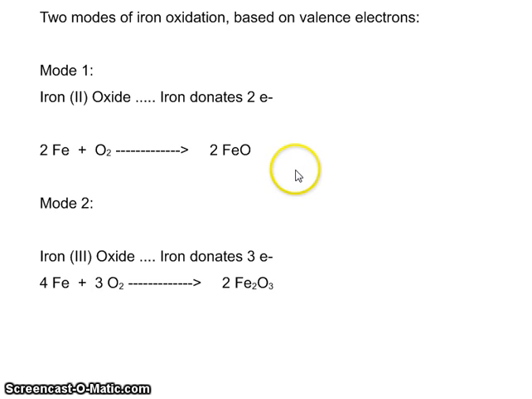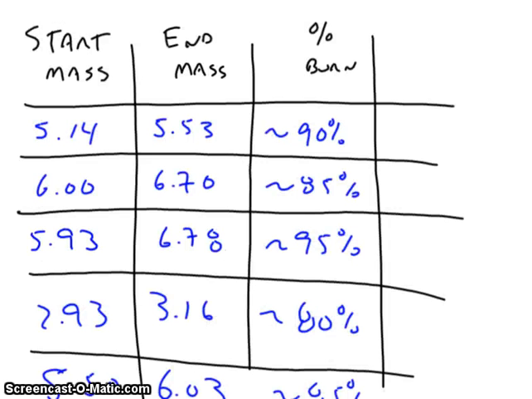If we just take a look, we summarize here mode number 1, the donation of 2 electrons, mode number 2, the donation of 3 electrons. And we should be able to look at this, come up with a prediction for how much of a percent increase in mass each of these reactions should command, and then we can one last time rerun our process.